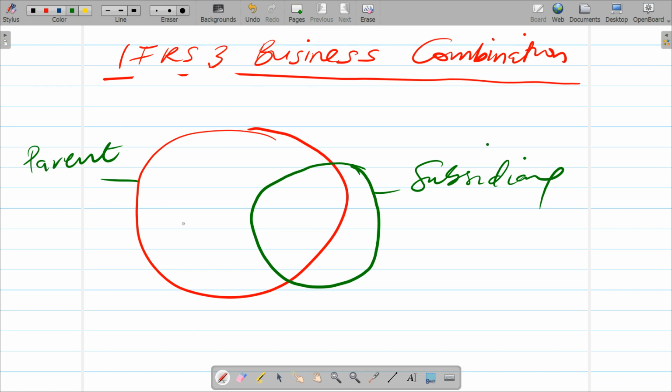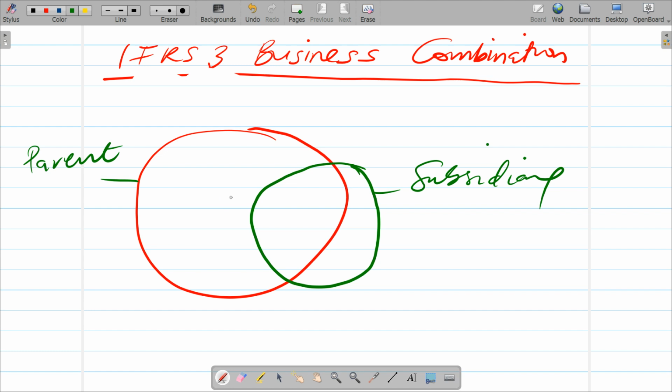As you can see, the red circle intersects or cuts through the green circle. This represents that the red circle has taken a portion of the green circle.